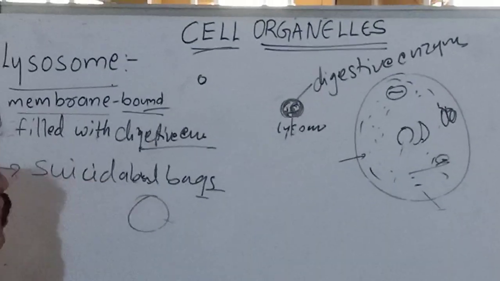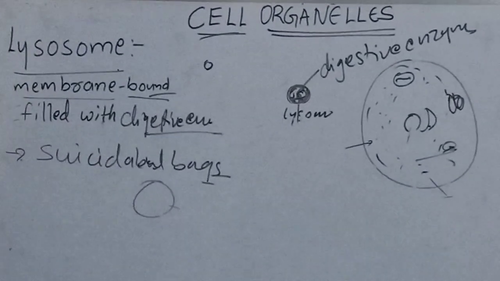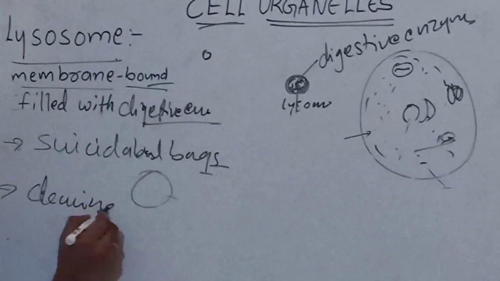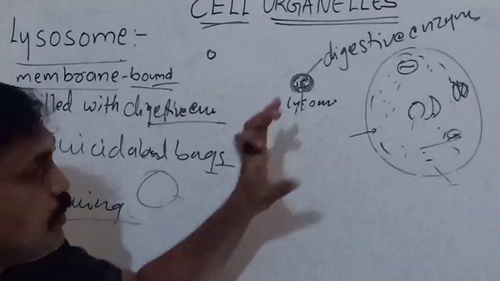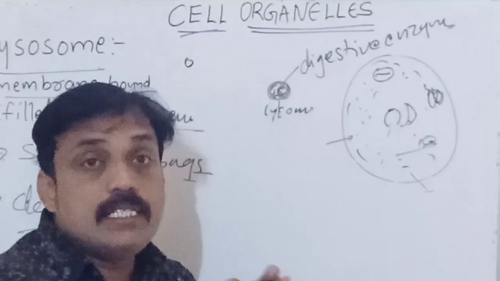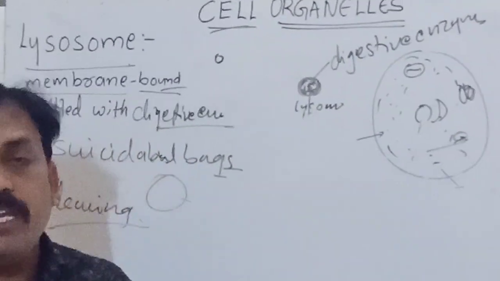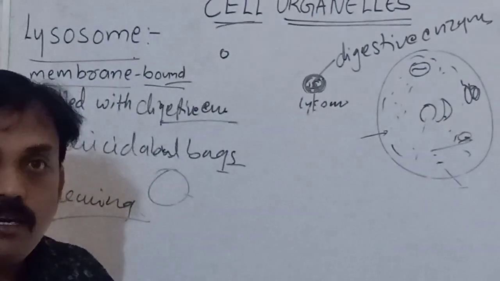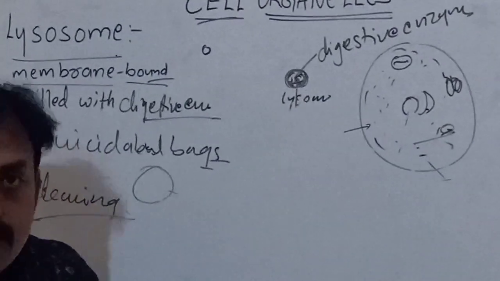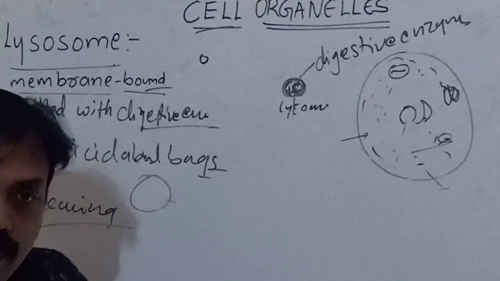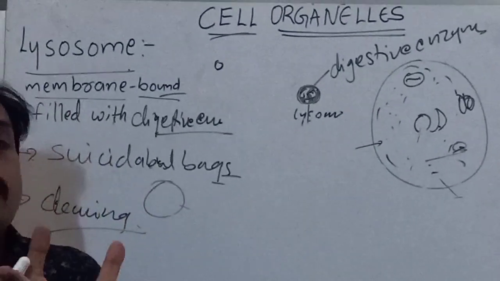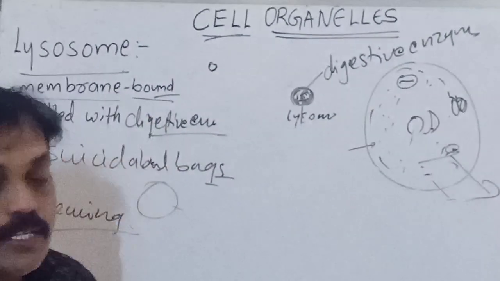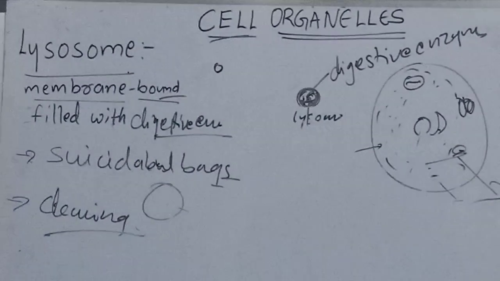So it is called suicidal bags. Its main function is cleaning the cell. Whatever waste material, dead cells, poisonous material, it absorbs and digests, then bursts and releases outside the cell. So lysosomes are called suicidal bags.